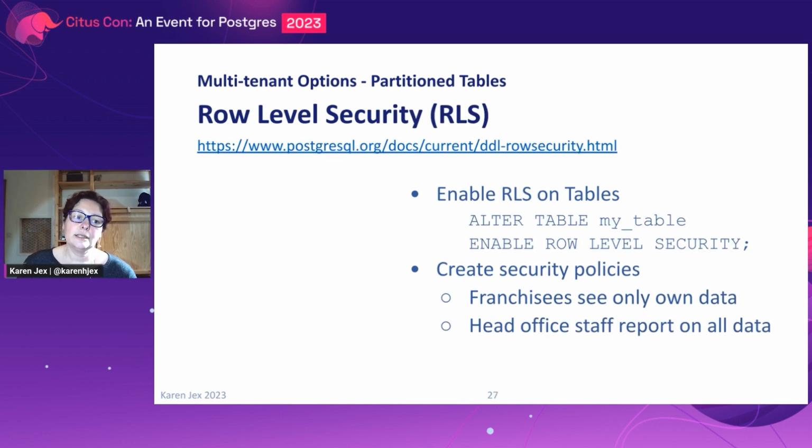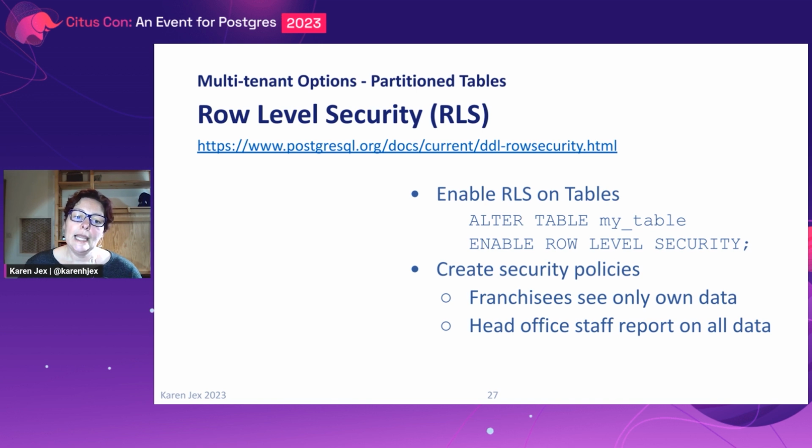Now you might ask, how can I make sure that the data is secure, that franchises can only see data that's relevant to their own franchise, that they can't see other people's data? So for that, you've got an interesting solution in Postgres. We have what we call row level security, or RLS. So I've given the link to the documentation there.